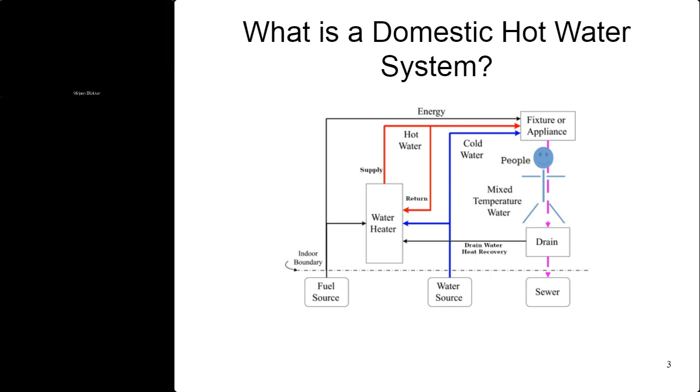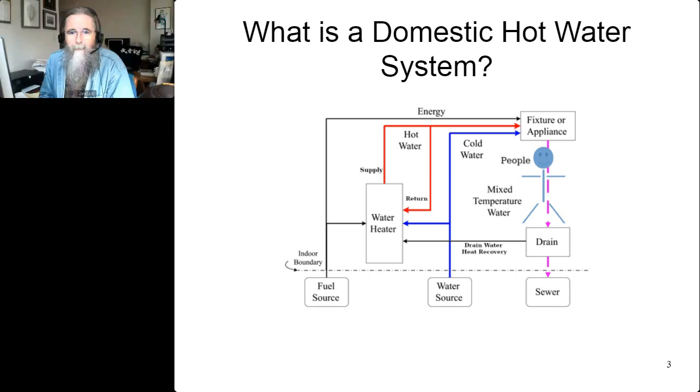Those some use hot water, since this is a hot water forum. Some of them also use energy, like dishwashers. Some of them also use cold water, like showers and sinks and faucets. You've got a hot water system that delivers hot water to the fixtures.